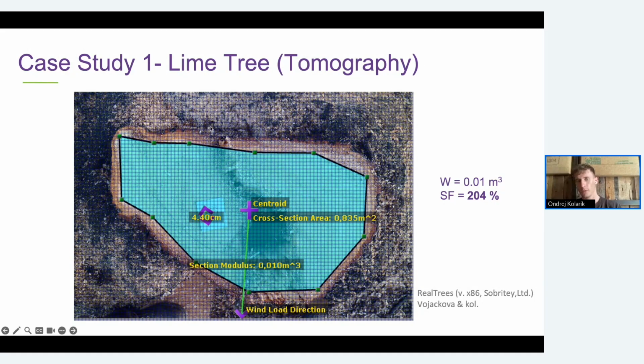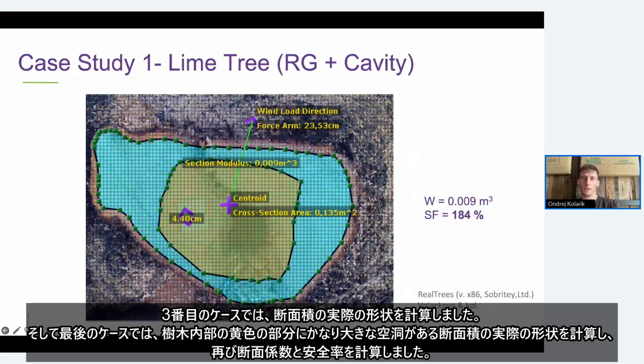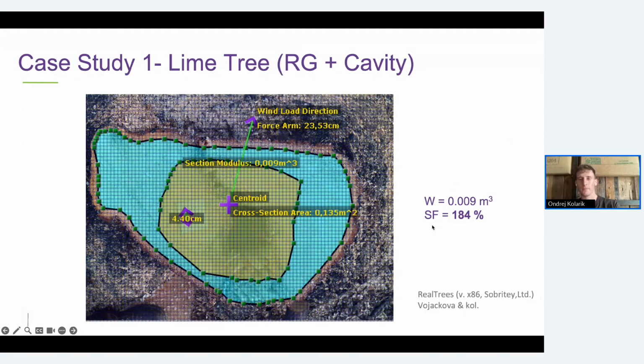So we placed 12 points around the cross-section and calculated it. In a third case, we calculated the real geometry of the cross-section. And in the last case, we calculated real geometry of the cross-section with a pretty significant cavity, in the yellow here, inside a tree. And again, calculated section modulus and safety factor.